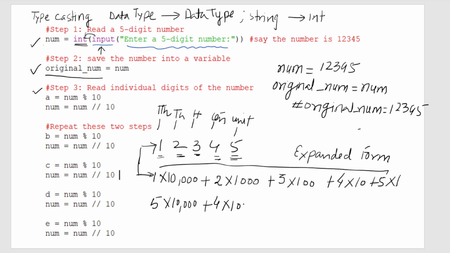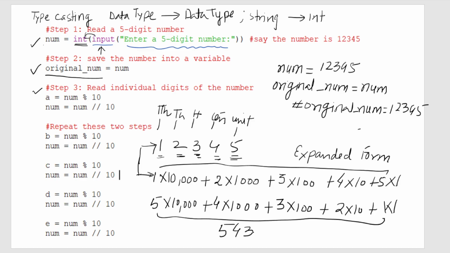Then 3, because this is the middle digit, will be multiplied by the same value. Then I have 2 multiplied by 10, and I have 1 multiplied by 1. If I do this, which is also an expanded form, then I will get 5 4 3 2 1. So this is how I reverse a particular number.